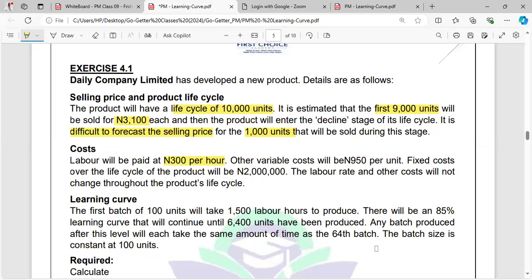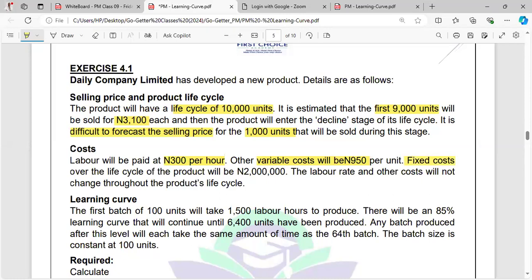Let's keep our fingers crossed. Other variable cost, we are told, will be 950 naira per unit. Fixed cost, we are told, is over the life cycle. So for the whole 10,000 units, fixed costs will remain.